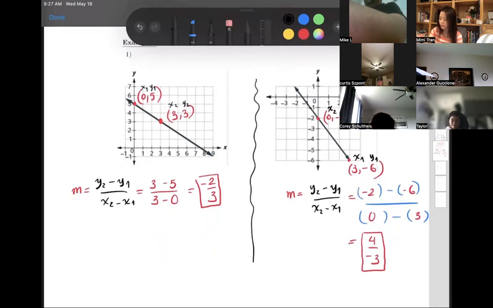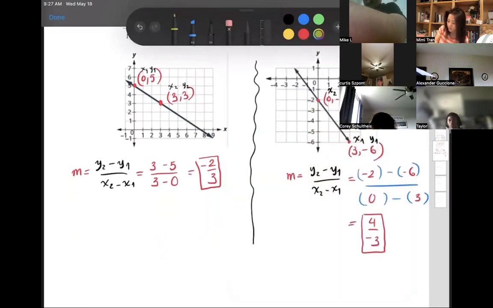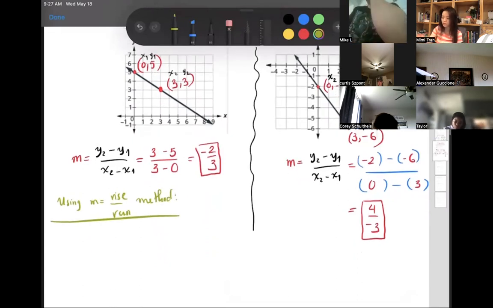I'm going to use dark green here, using the m equals rise over run method. Whichever method you want, okay? But I'm going to show you 2 of them. So first one, using the definition. Give me a second.